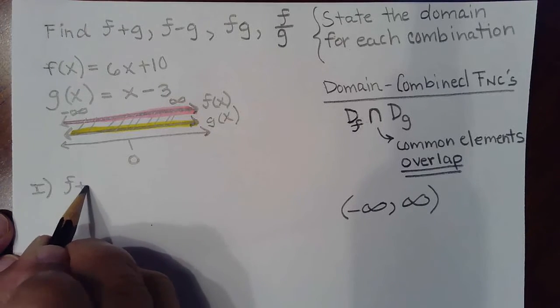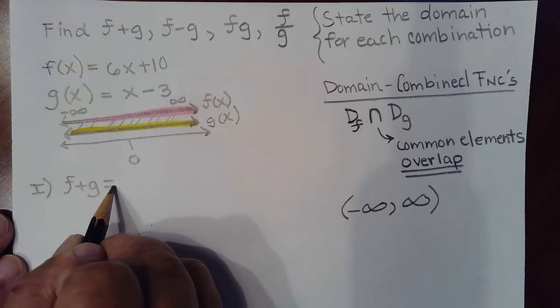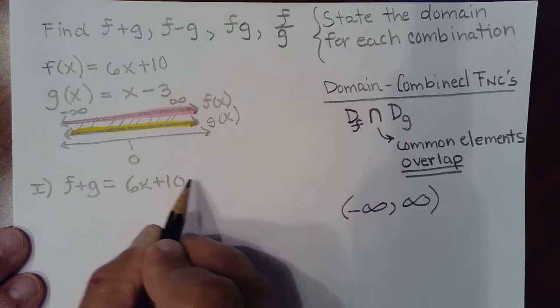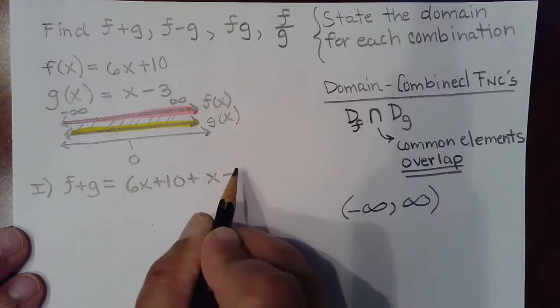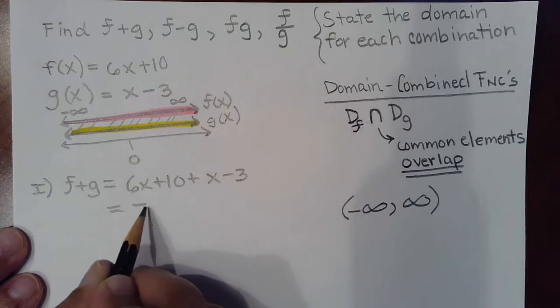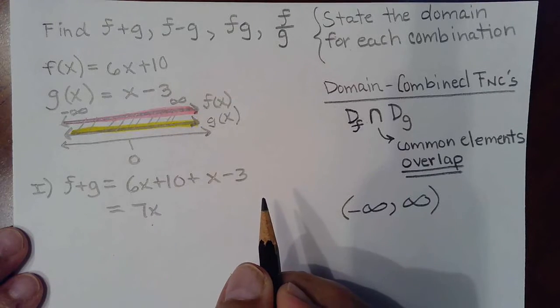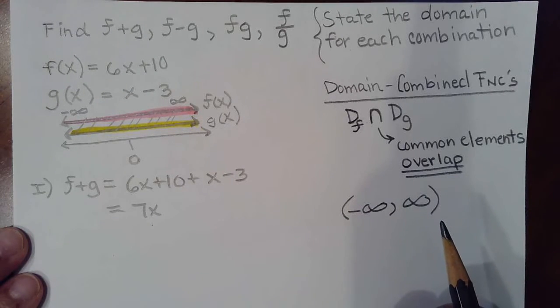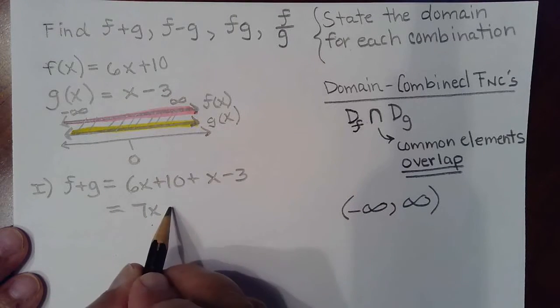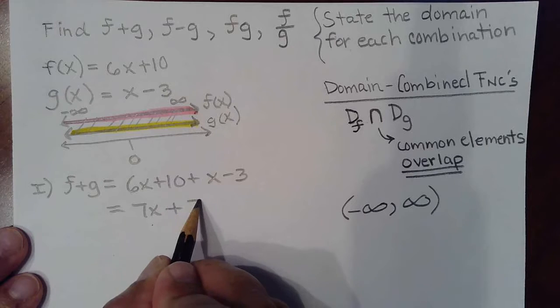So let's do the first part, where we're doing a sum. And we are taking 6x plus 10 and adding x minus 3. 6x plus 1x, and all you're doing is combining like terms in order to give the most simplified version of the answer, would be 7x, 6x and 1x, and then 10 take away 3, 7.